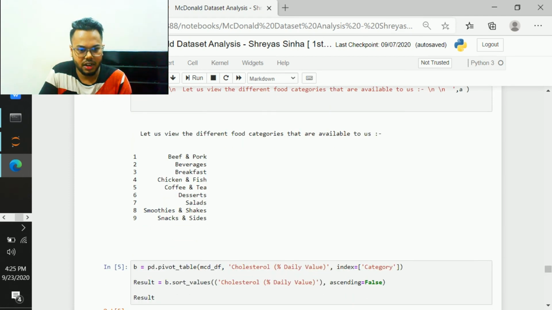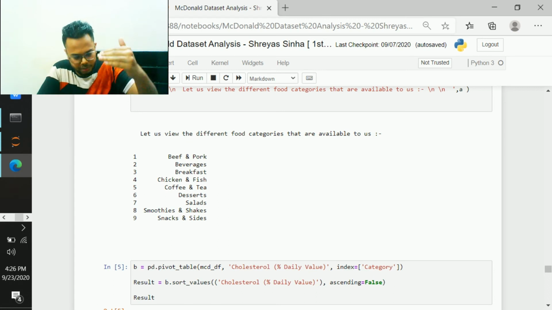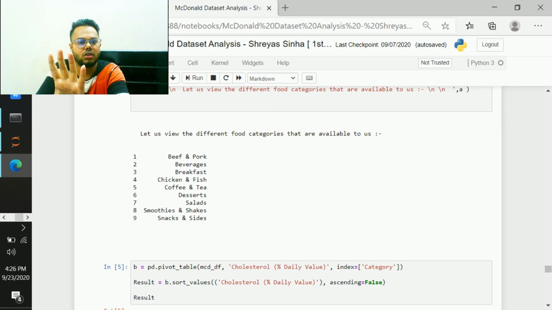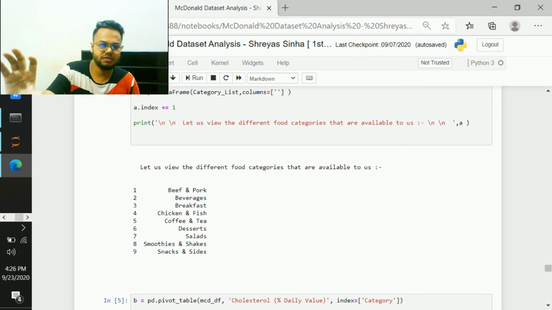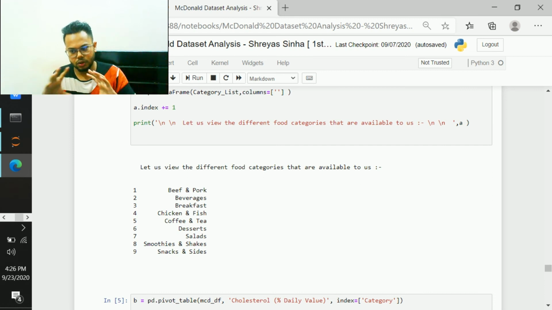Before going to which category gives the maximum cholesterol contribution, I wanted to nicely present the categories themselves. See the categories, then go after which category out of these is the highest contributor, right? I didn't want to just give one answer. I rather wanted to make it much more inferable, right?